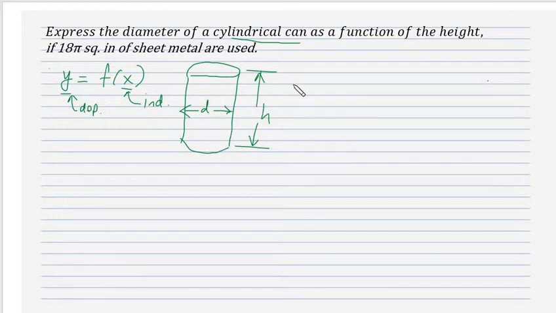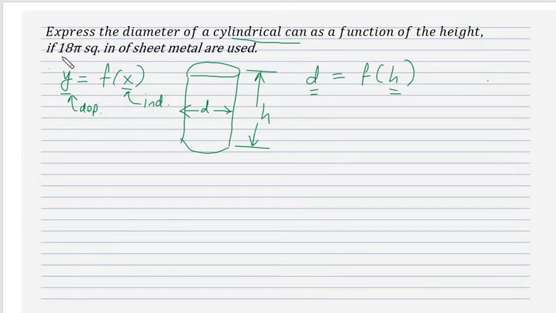So we want to come up with a function of the diameter of that cylindrical can as a function of the height. Basically, we are asked to provide a formula such that if I know the height of the cylindrical can, I can solve for the diameter.